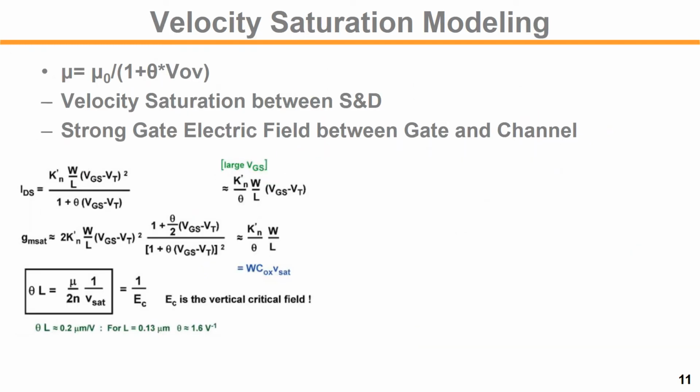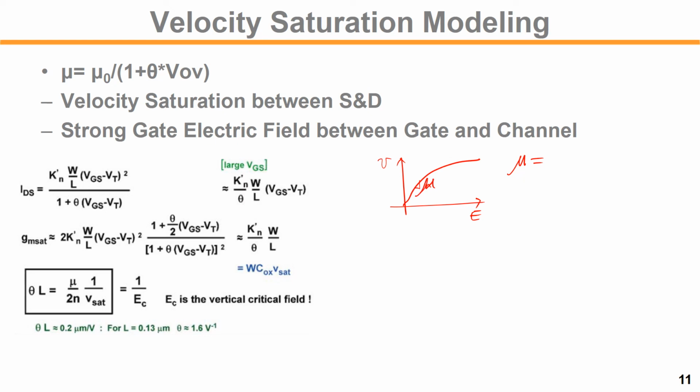The velocity saturation can be modeled with a simple equation, since the mobility is degraded, right? So mu can be modeled as a function of the E field and electron velocity.